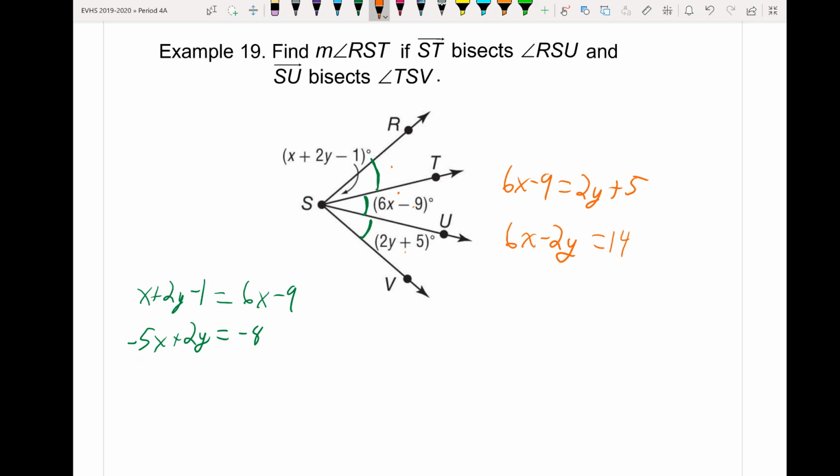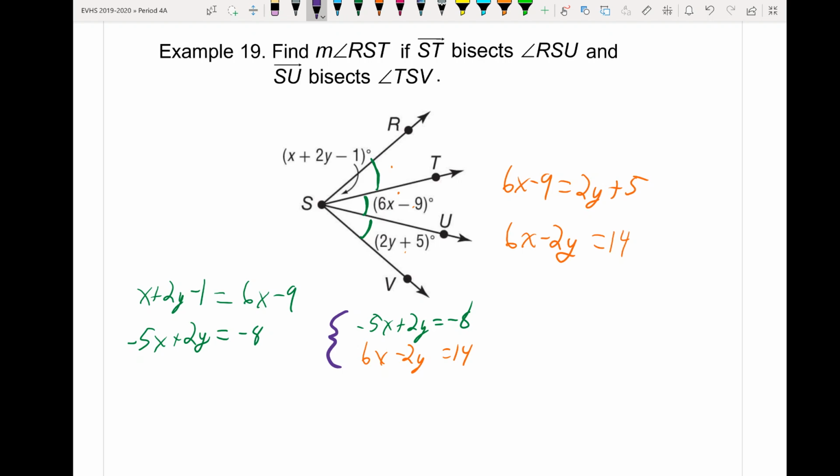Now, I'm just going to stack them on top of each other to make a system. Negative 5x plus 2y equals negative 8. And 6x minus 2y equals 14. And we always have that little brace when we're doing systems, right? Now, there's multiple methods. Substitution, elimination, graphing.